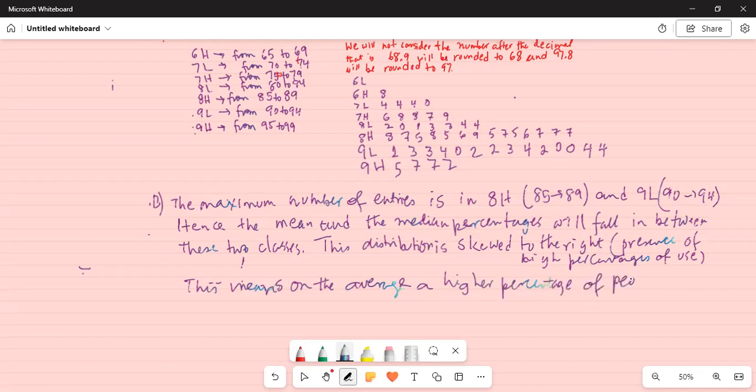People are using seat belts because the distribution is skewed to the right, because there is a presence of a large number of higher percentages.